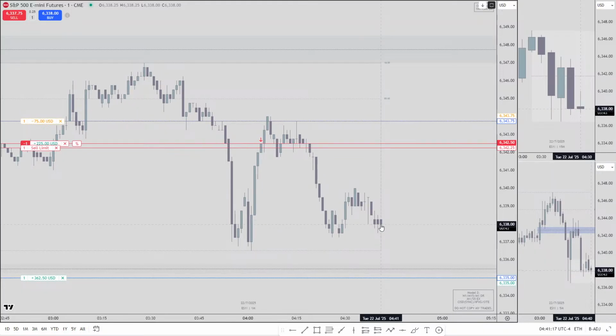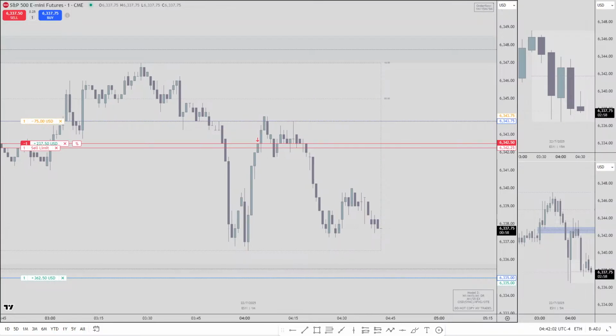If by the third attempt this candle is still unable to close below this swing low right here, then we are going to trade out here. Oh, finally. Okay, let's get the expansion started.